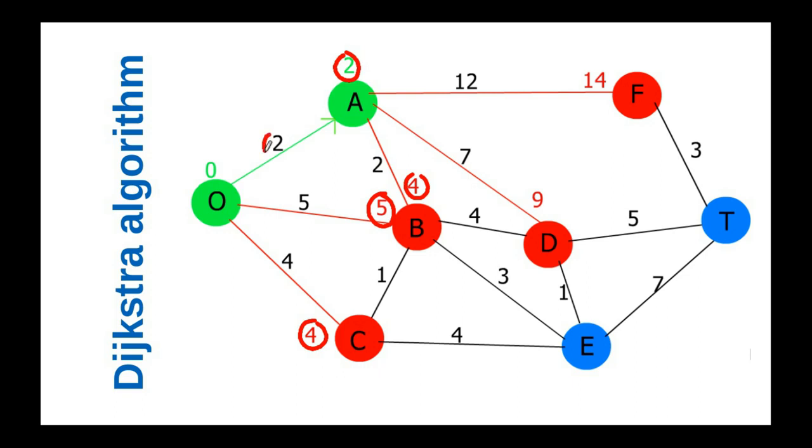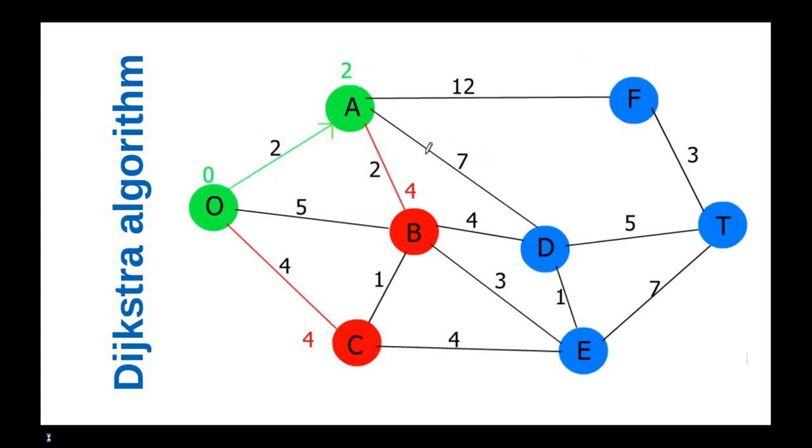Why? Because we have 2, that is the cost of going from O to A, and then the cost of going from A to B, that is also 2, so the addition results in 4. Then we have F, that is 14, a huge value, and then we have 9, because we have added 2 and 7.